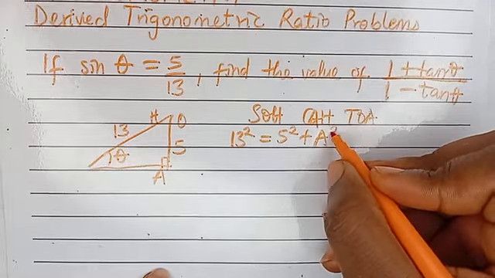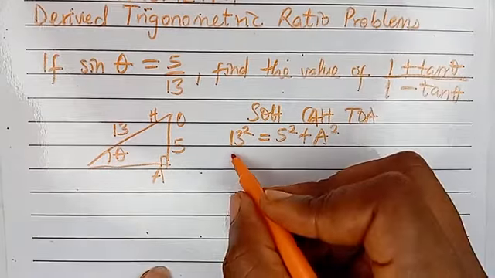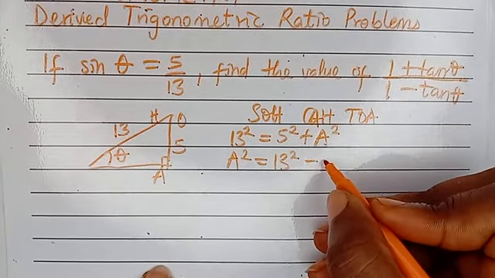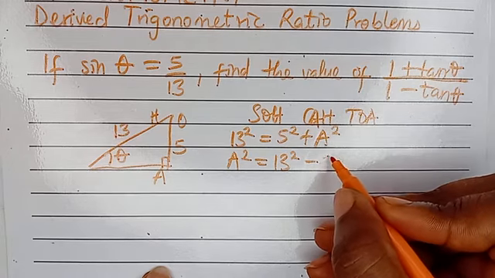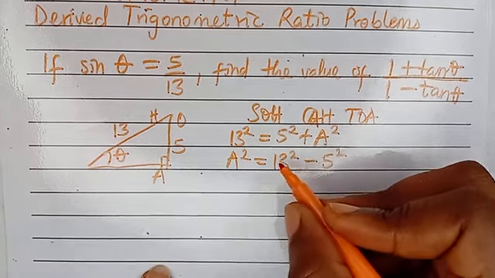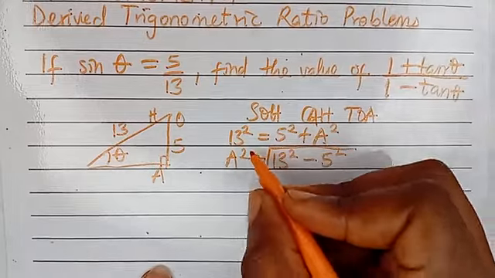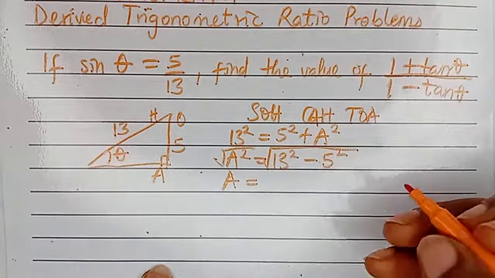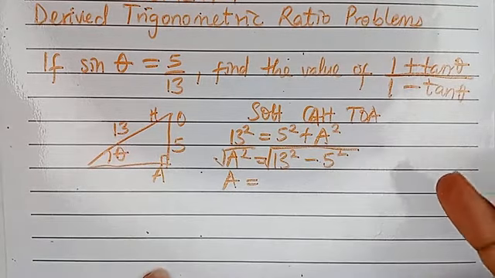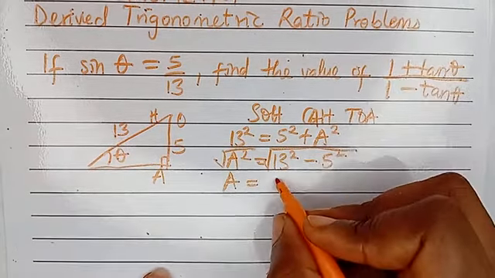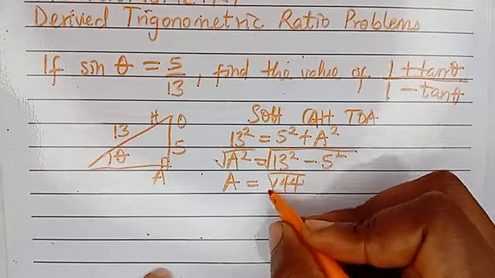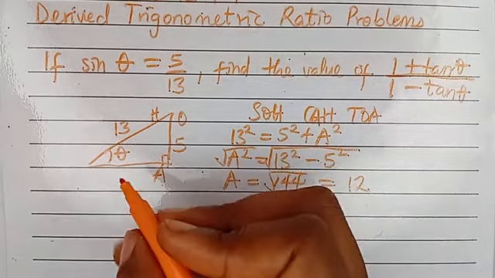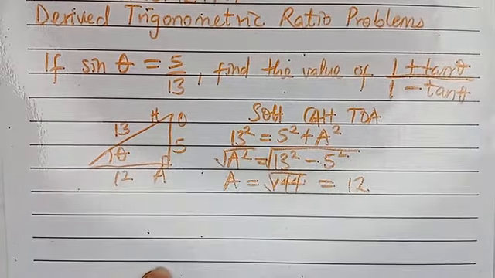Let me just call it capital A squared. Now we have that A squared is equal to 13 squared minus 5 squared. We get the square root of both sides so that A is the square root of 169 minus 25, that is 144, which is equal to 12. So we have the adjacent side is equal to 12.